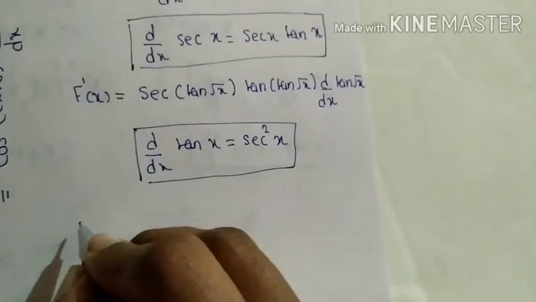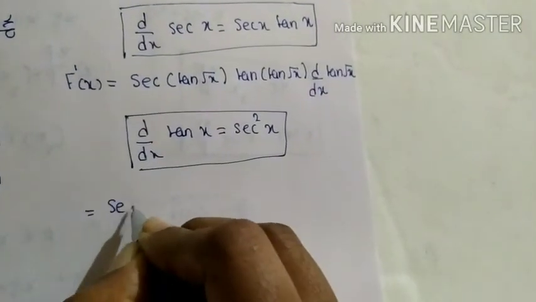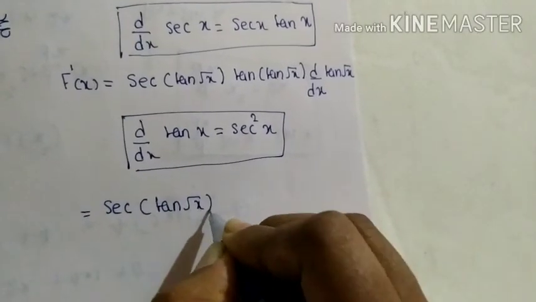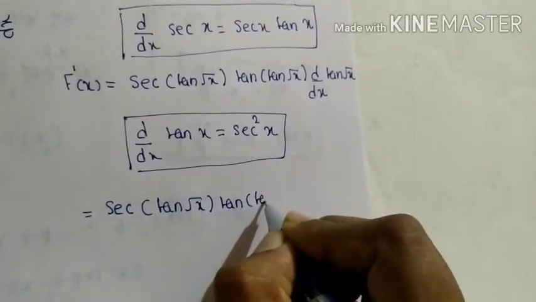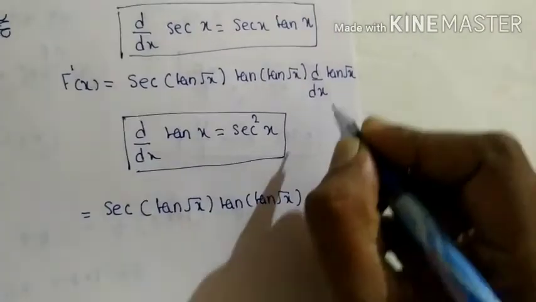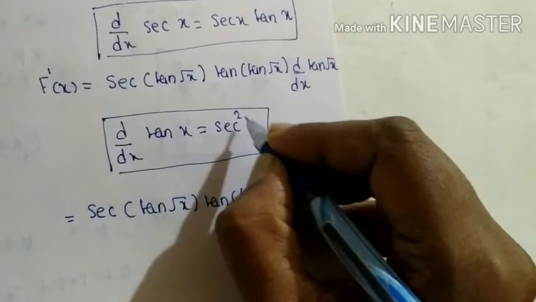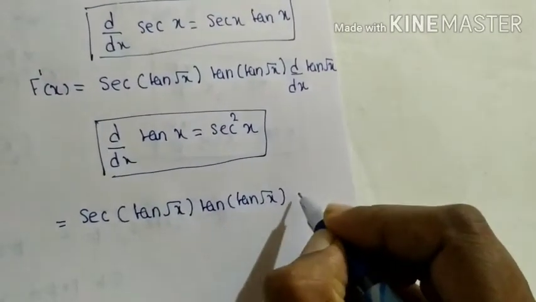So derivative of tan root x will be sec square root x. So don't forget to write the first term, sec of tan root x and tan of tan root x. Then write derivative of tan root x will be sec square of root x.